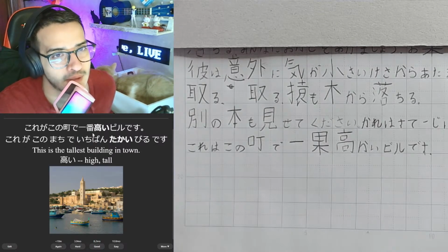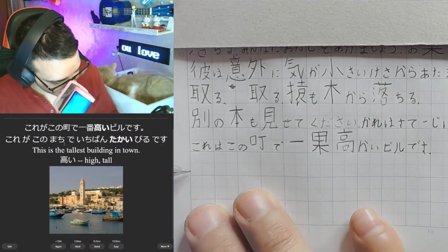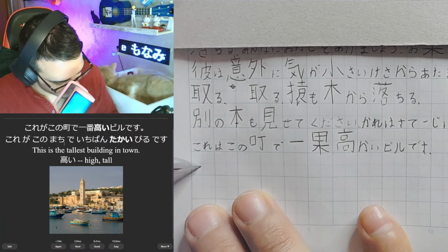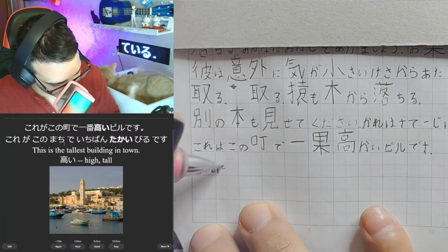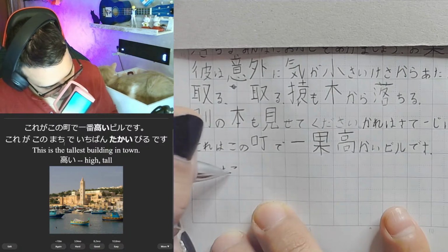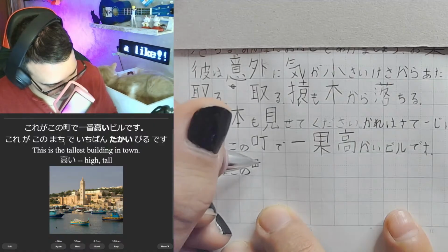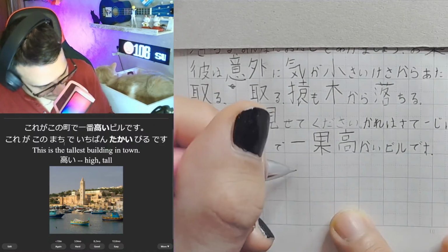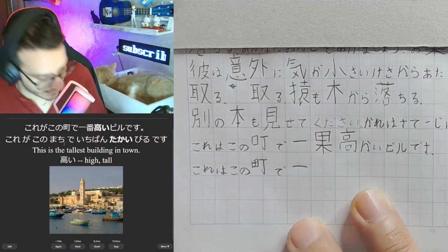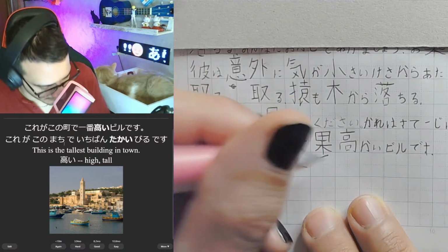Alright. That was so close, so close. Alright, let's write it again. これはこの町。So 町 is rice field and road. Road was correct. この町で一番。So this is the grain. Grain radical.